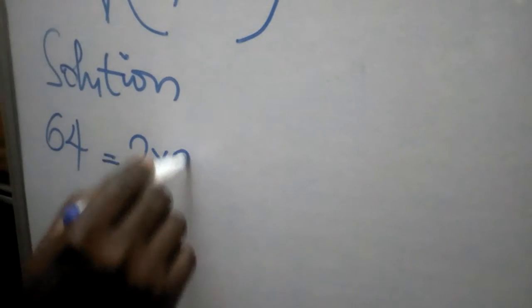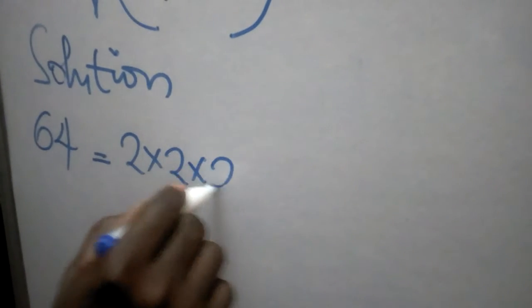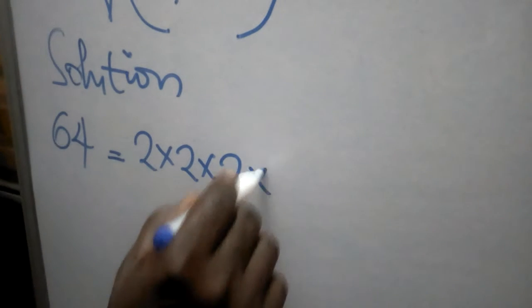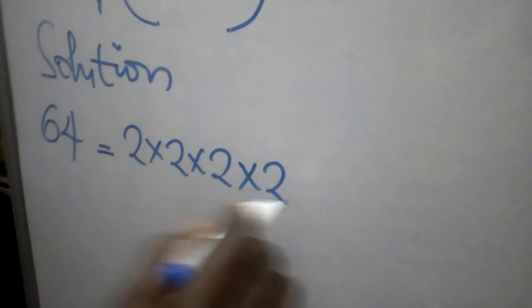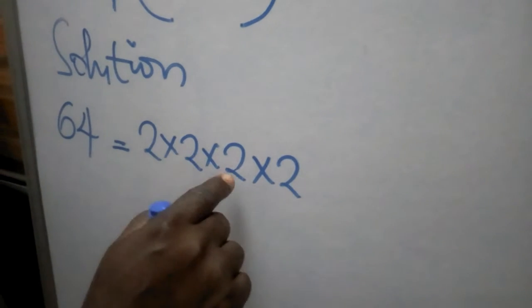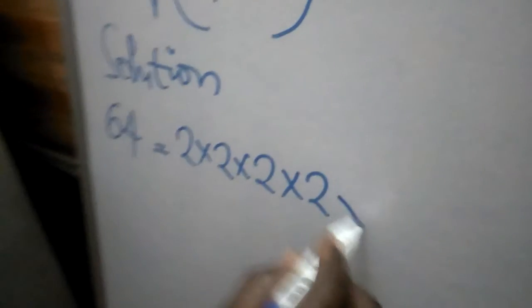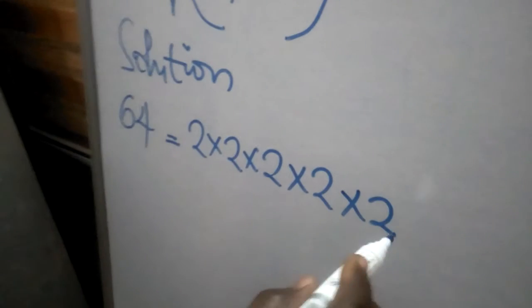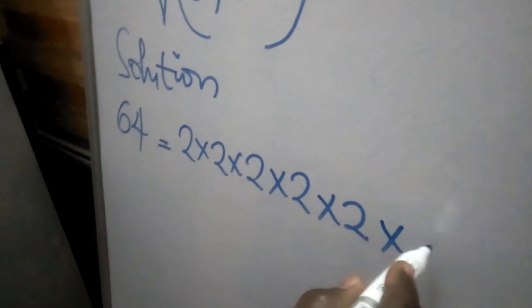What is the prime factor of 64? Let's take 2 for instance. If you say 2, you now say 2 multiplied by 2, 4, multiplied by 2, 8, multiplied by 2, 16, multiplied by 2, 32, multiplied by 2.